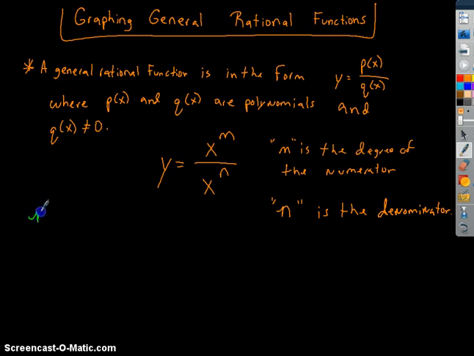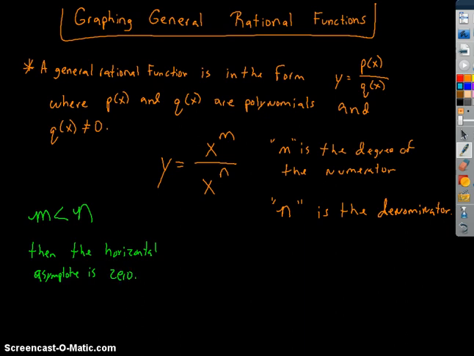For one, if m is smaller than n, as in degree on top and degree on bottom, if m is smaller than n, then the horizontal asymptote is 0.